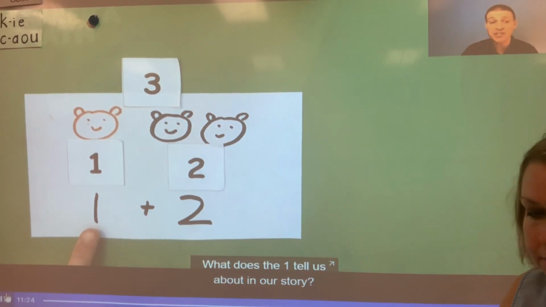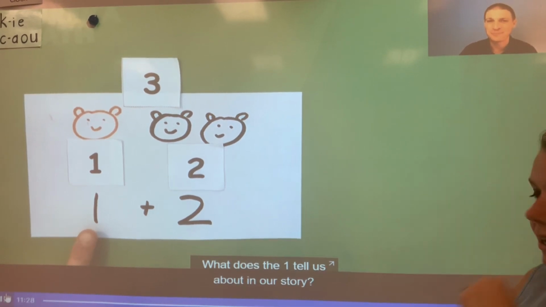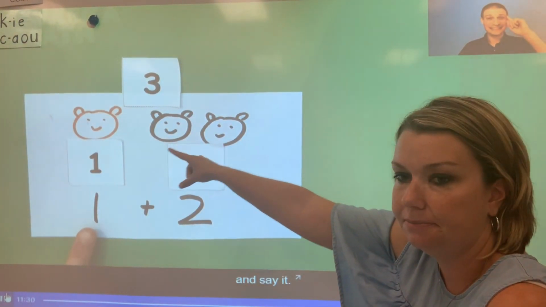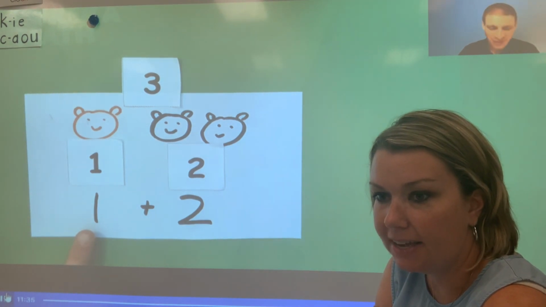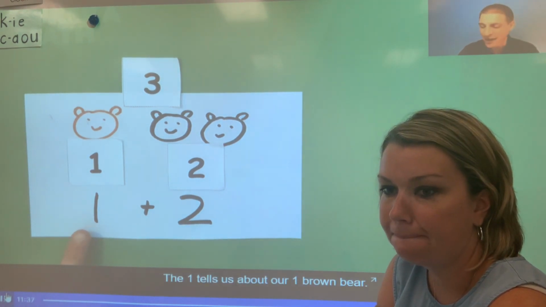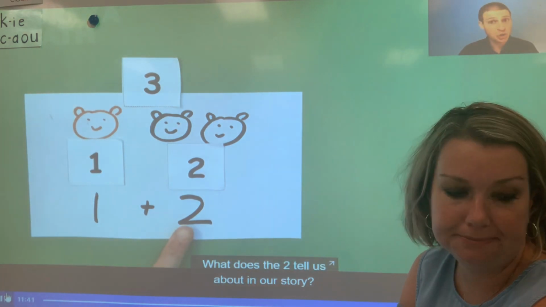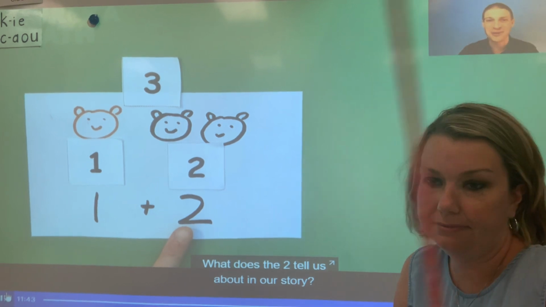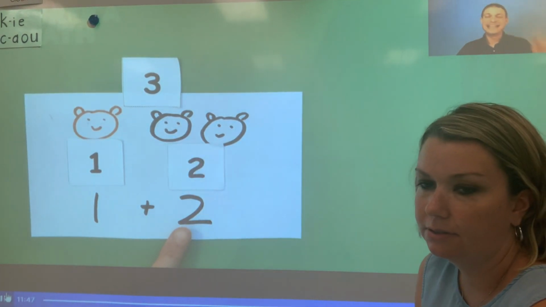Question. What does the 1 tell us about in our story? Think and say it. What does the 1 tell us? The 1 tells us about our 1 brown bear. What does the 2 tell us about in our story? The 2. Think. Say it.